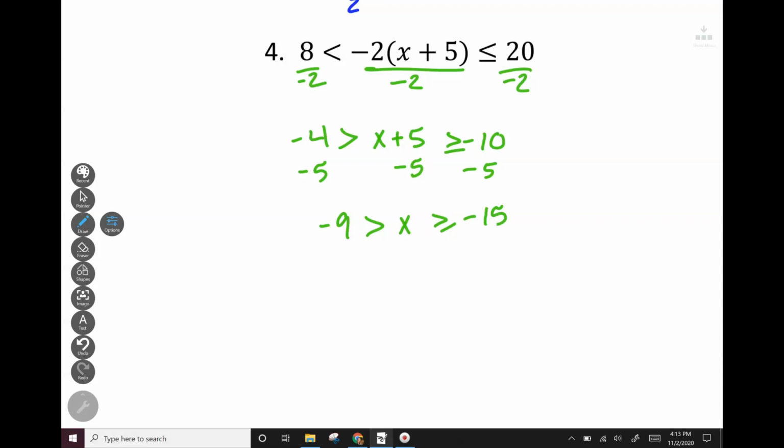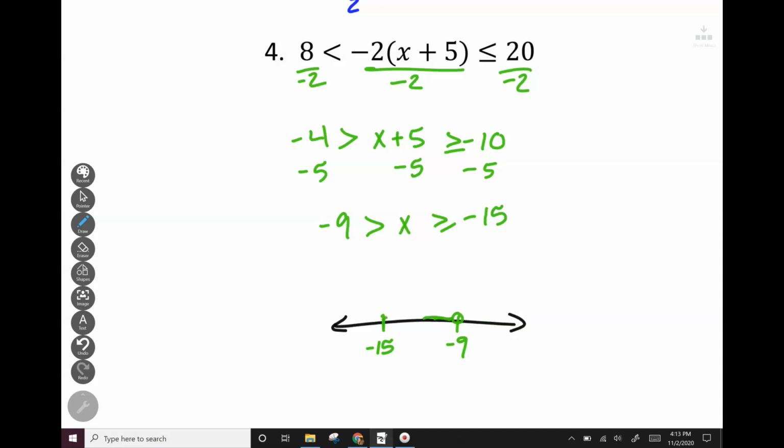Okay, so let's put that on a number line before we put it in interval notation this time. Because -15 is less than -9. Okay, so we need to be careful about that. So it says x is less than -9. So open circle to the left.